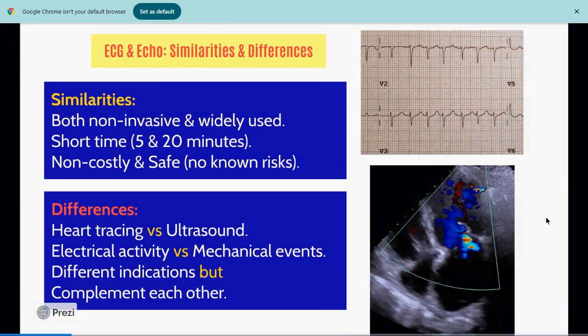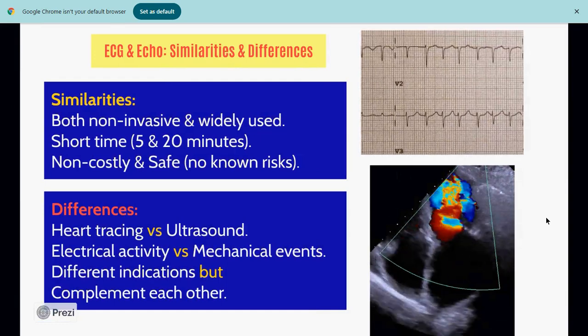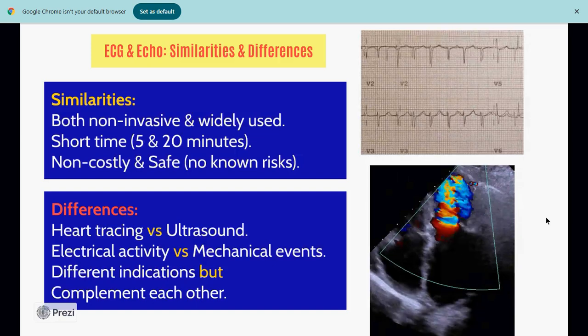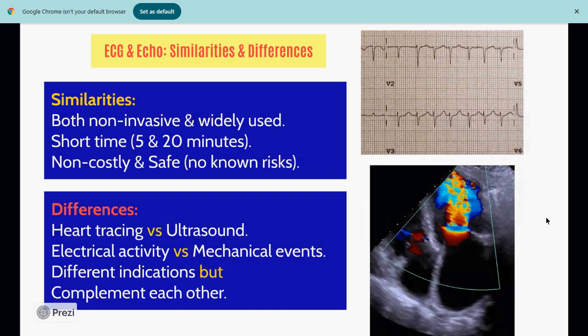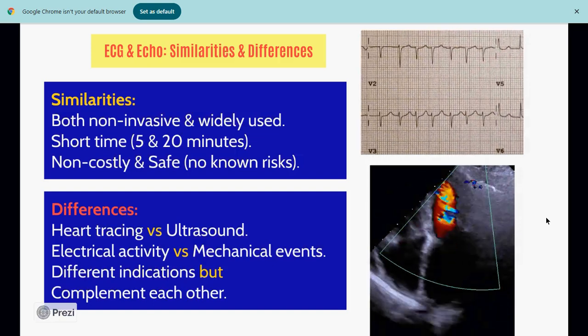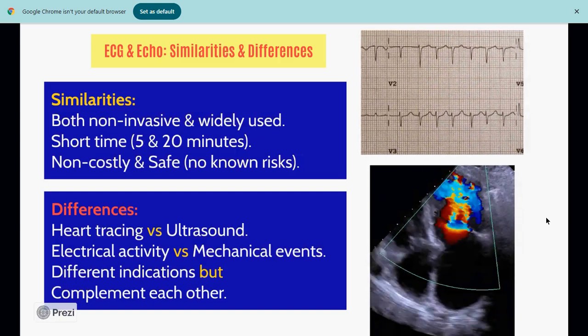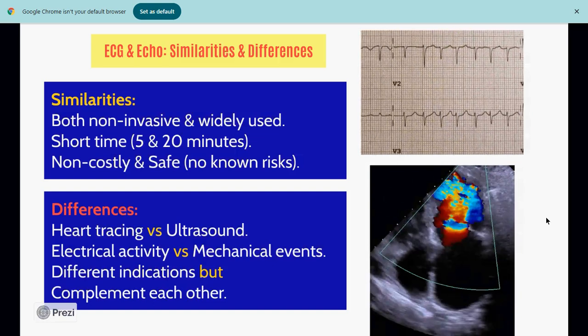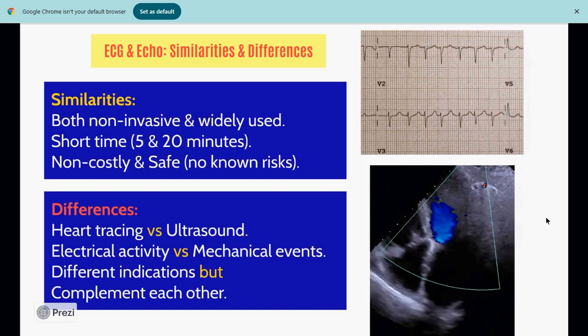There are similarities as well as differences between echocardiogram and ECG. The similarities include that both tests are very widely used, so you have to understand as a doctor the ECG and echocardiogram in and out.